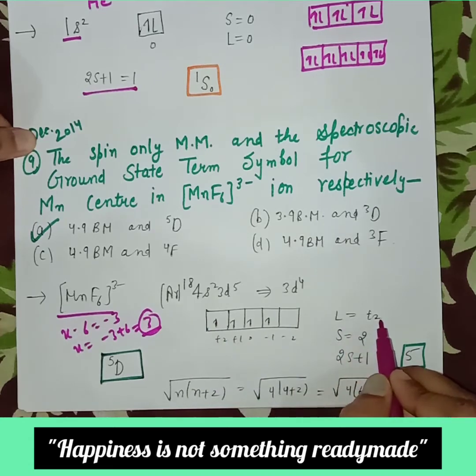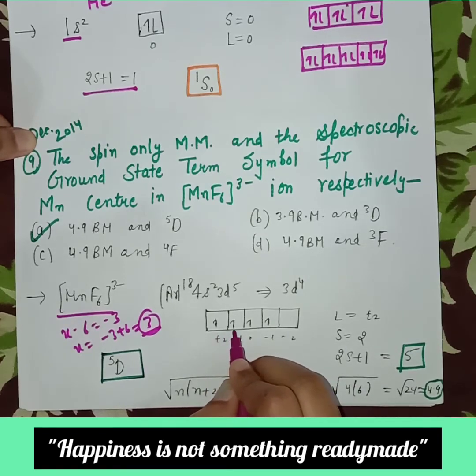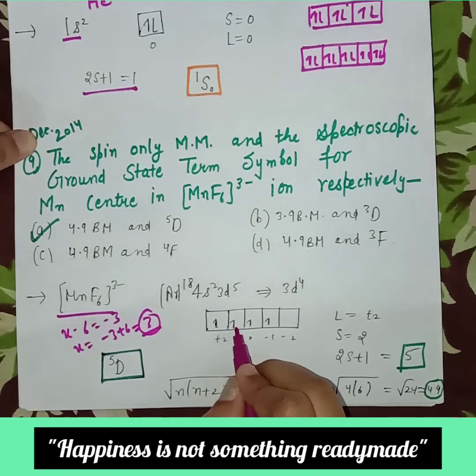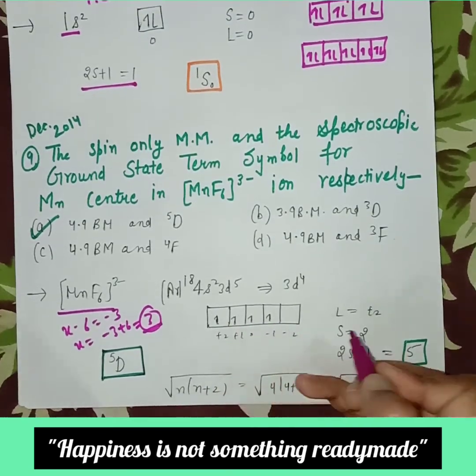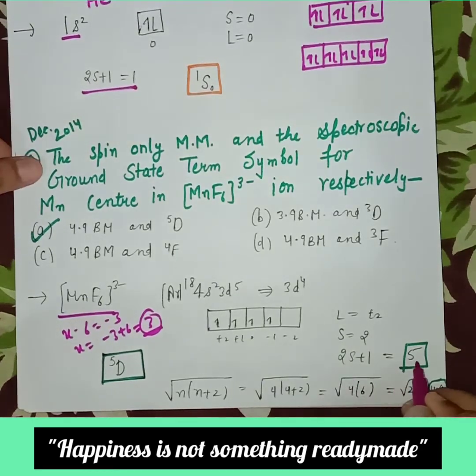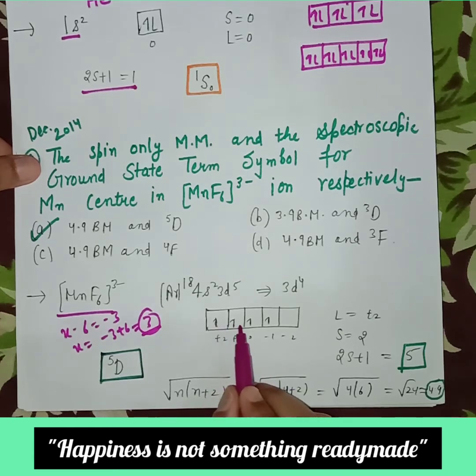Here L is equal to 2 plus 1 minus 1, which is equal to 2, and S is equal to half plus half plus half plus half, which is equal to 2. So 2S plus 1 becomes 5. The ground state term symbol is 5D, and to find the spin only magnetic moment we have a simple formula, square root of n into n plus 2, where n is the number of unpaired electrons.